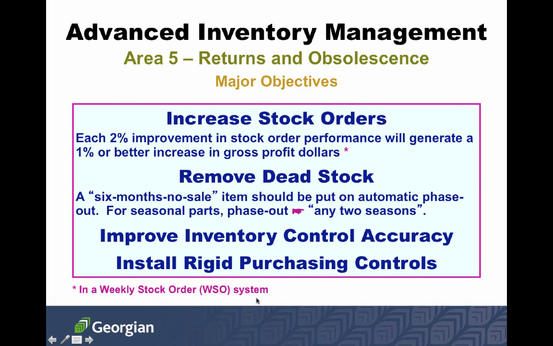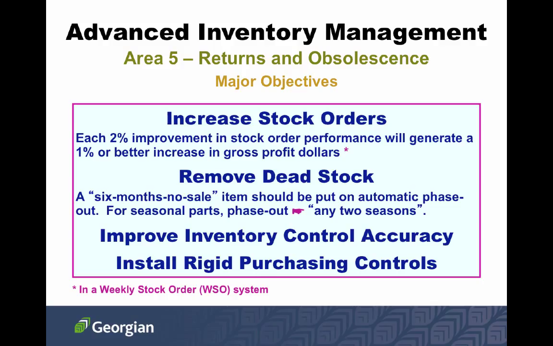This is, as footnoted here, in a weekly stock order setting. In a just-in-time setting, we still have efficient purchases that earn me return allowances and maybe some discounts that are offered according to basic purchase patterns. So increase stock orders, or increase the orders that allow me to track that my inventory is actually moving.